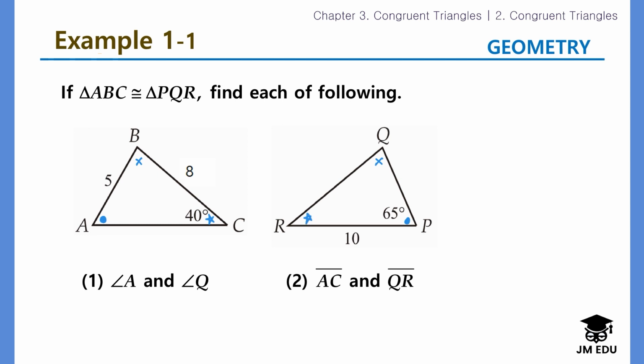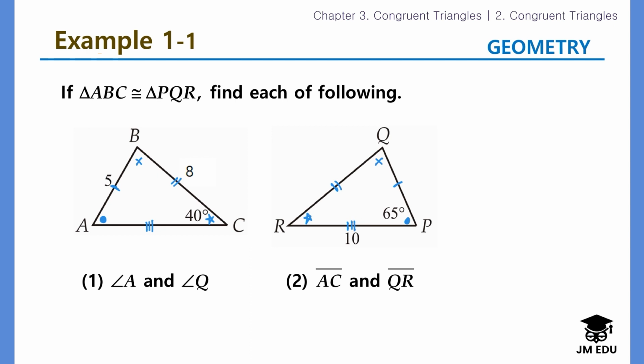Corresponding angles, right? Let's look at sides. Side AB is congruent to PQ. Side BC is congruent to side QR. Side AC is congruent to side PR, right?